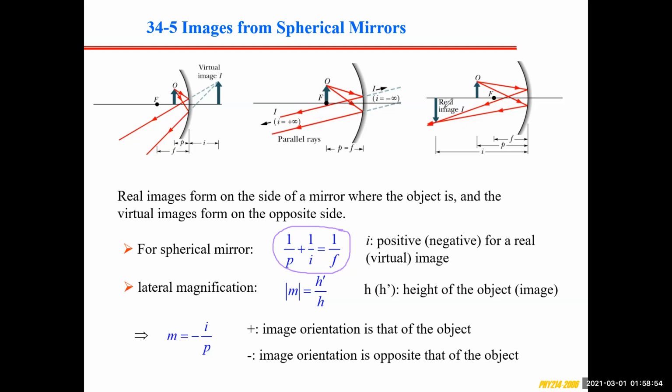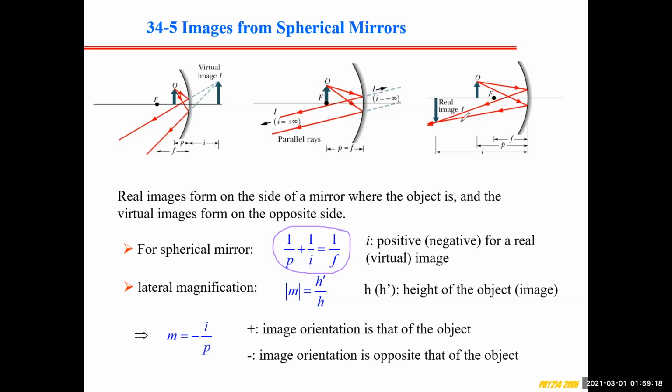In addition, you can see that it is actually flipped. The image is on the opposite side, flipped, and also it has to be on the same side as the object in order for a real image to be formed. So again, if you use this equation, it tells you that I in this scenario will be a positive value.